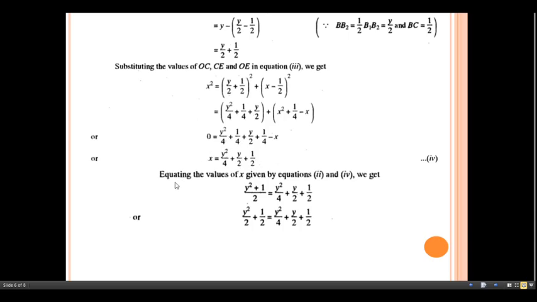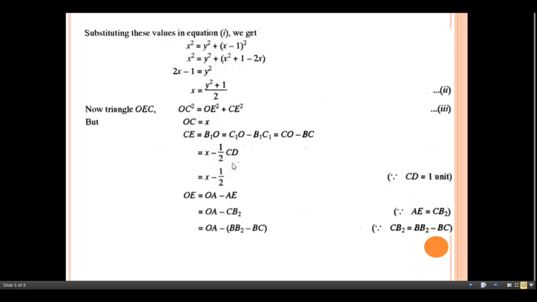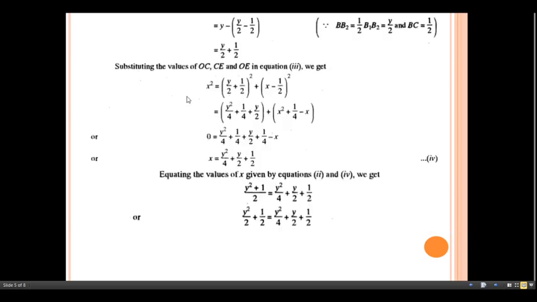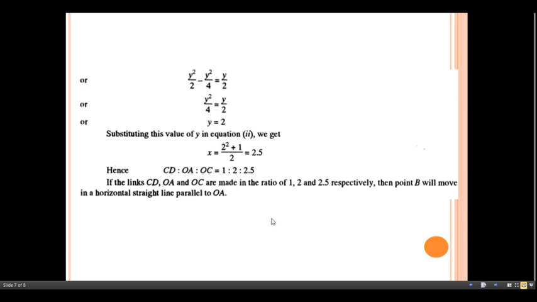So from equation number 2 and equation number 4, here is the equation number 4 and here is the equation number 2. So the left side of both the equations is the same, equate the right side. So y square plus 1 divided by 2 equals y square by 4 plus y by 2 plus 1 half. Now just solve this for the y. So you can get the value for the y as 2.